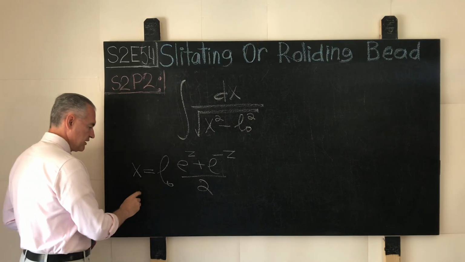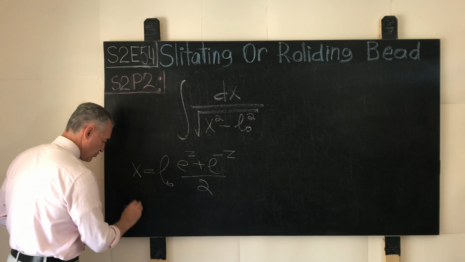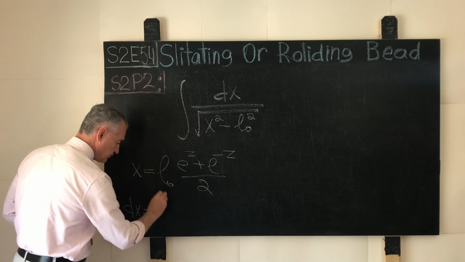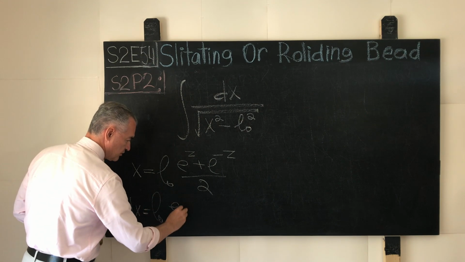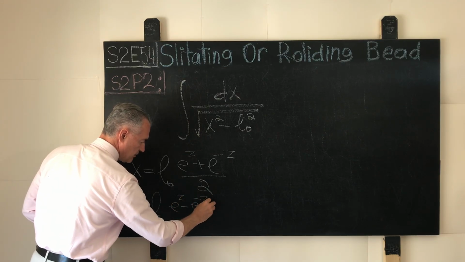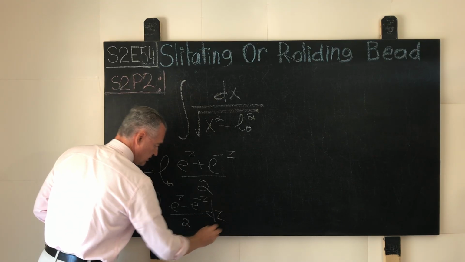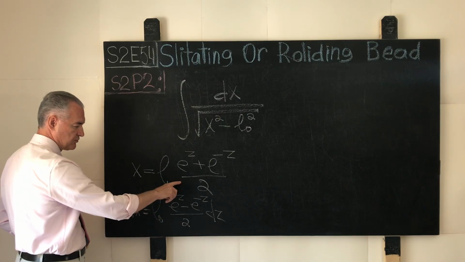So anyway, here the first differential dx under that substitution is what? dx comes out to be, again, L0 times (e to the power z minus e to the power minus z) over 2 dz. You see, this is the first differential based on this.